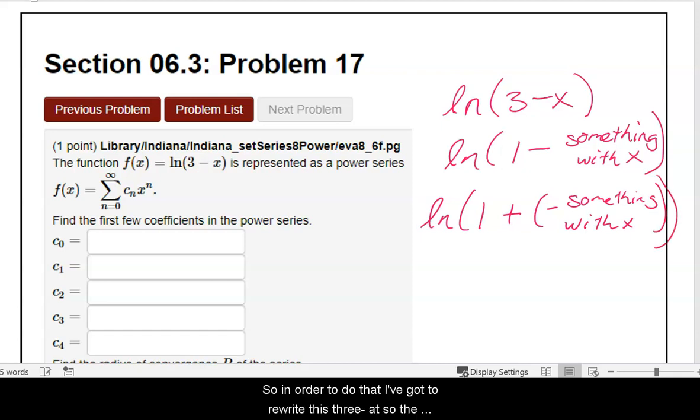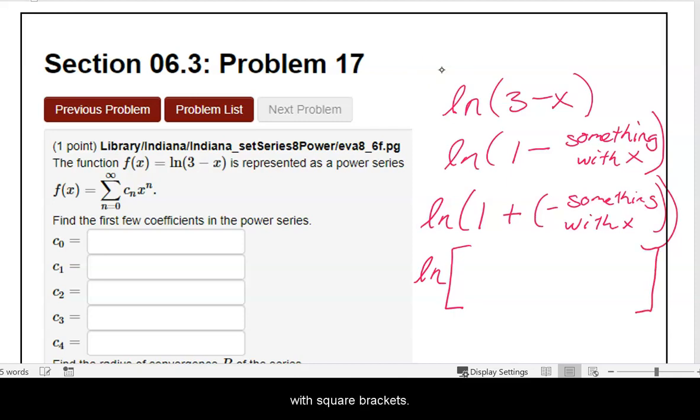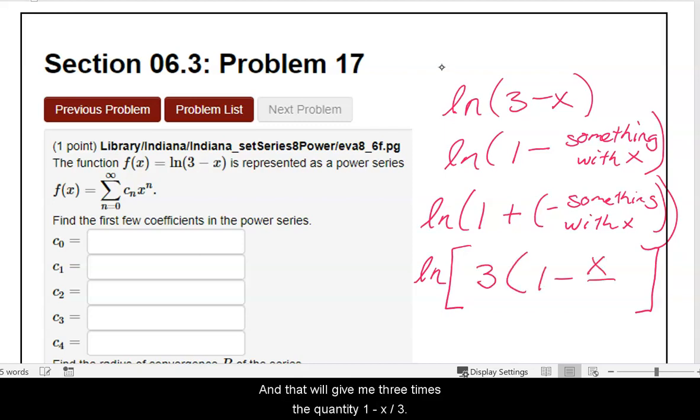So in order to do that, I've got to rewrite this 3 minus x. The first thing I'm going to do is factor the 3 off of the 3 minus x. It's not a common factor, but you are allowed to do that. So I'm going to represent the argument to natural log with square brackets, and I'm going to factor the 3 off of those two terms. And that will give me 3 times the quantity 1 minus x divided by 3, right?